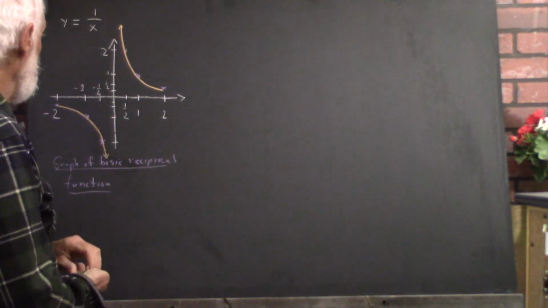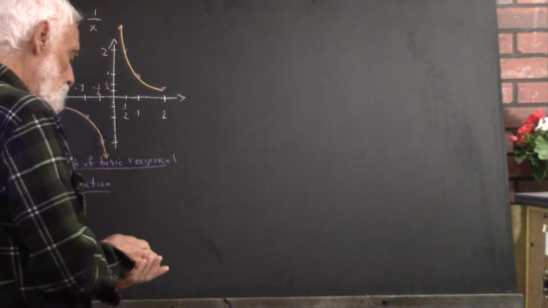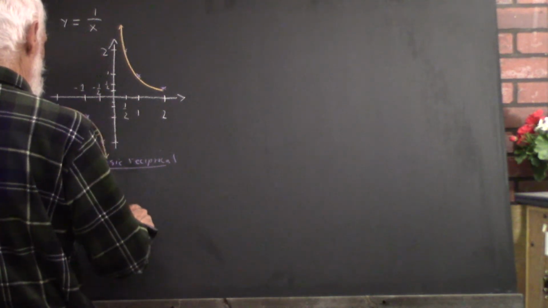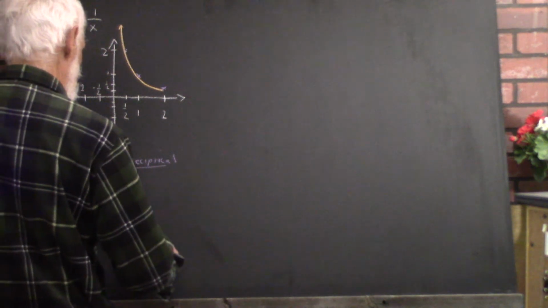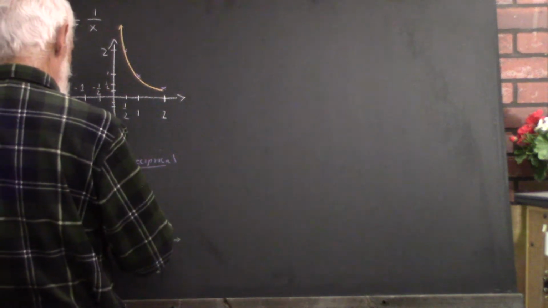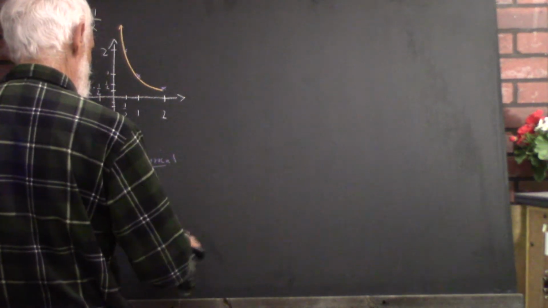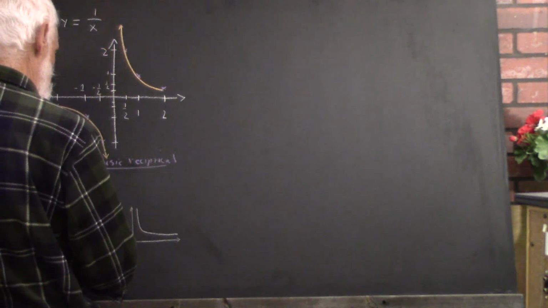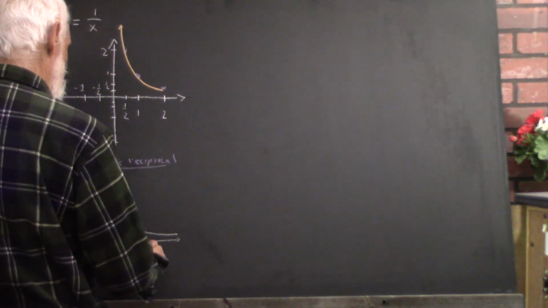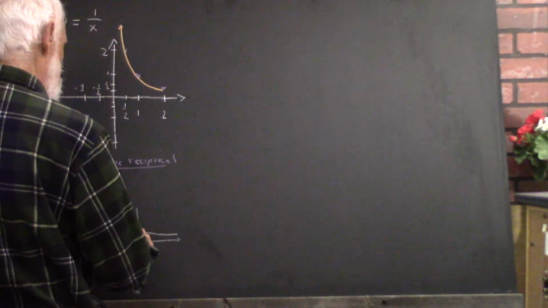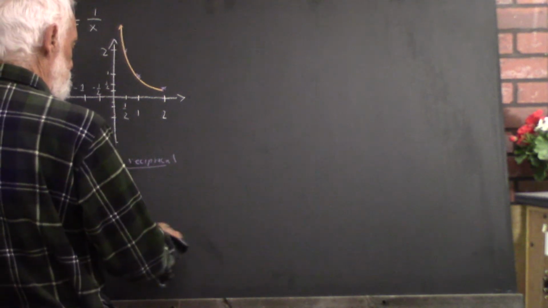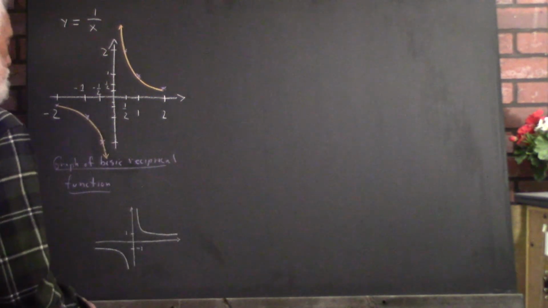Now, I've seen graphs drawn somewhat carelessly, but they show the right behavior. I've seen graphs that look like this, where -1 would be like here, and 1 would be like here, and the graphs appear to level off at a value somewhere around 1 or -1.